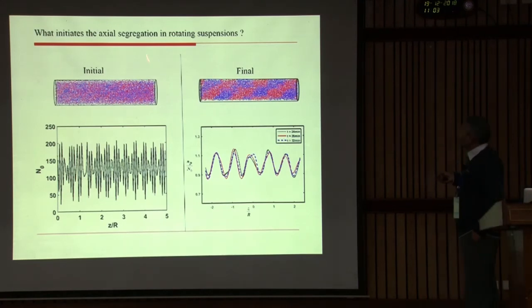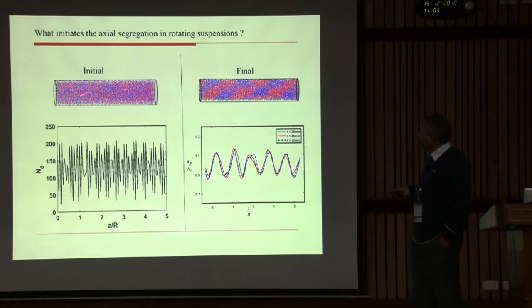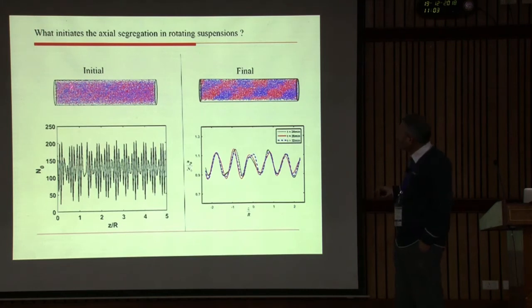Now the question comes: what initiated the actual segregation? This is important, right? If you see the initial distribution and the final one, the initial distribution in our study, as well as in the study of Lee and Ladd, had some kind of axial perturbation, which is also clear if you see the number density plot against the axis.